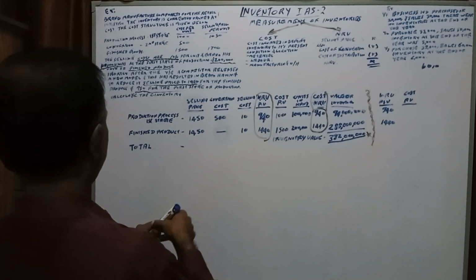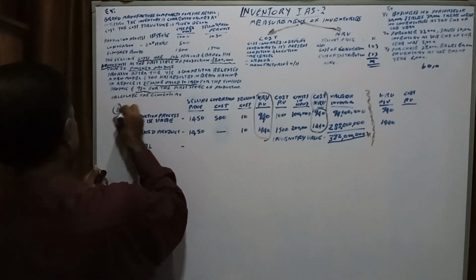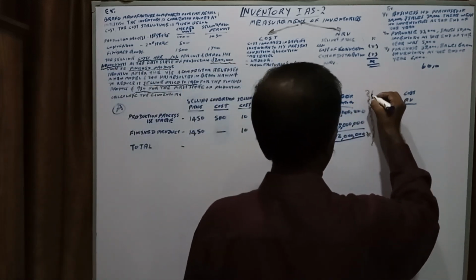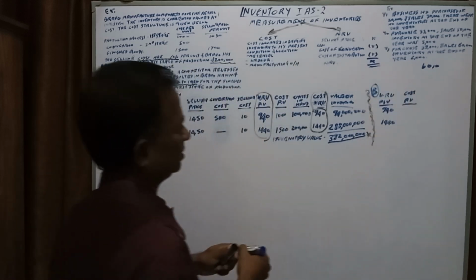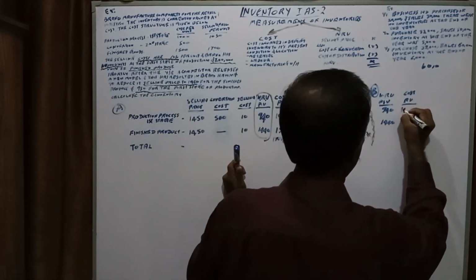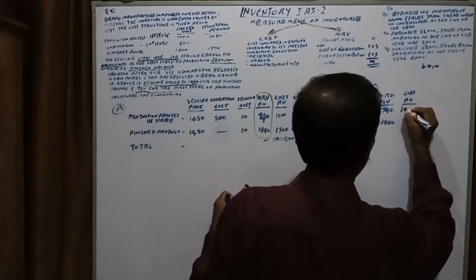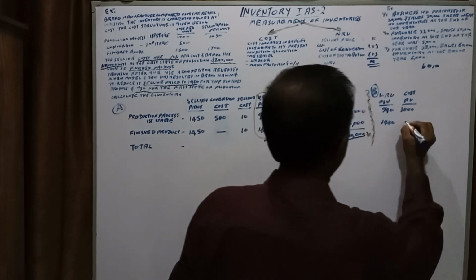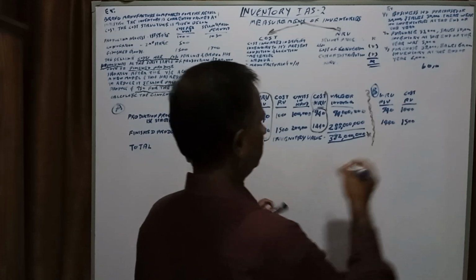This is the answer for a, and this is the answer for the b section. 940, whereas the cost is 1000, sorry, the cost is 1000, here 1500. Then what is the difference?